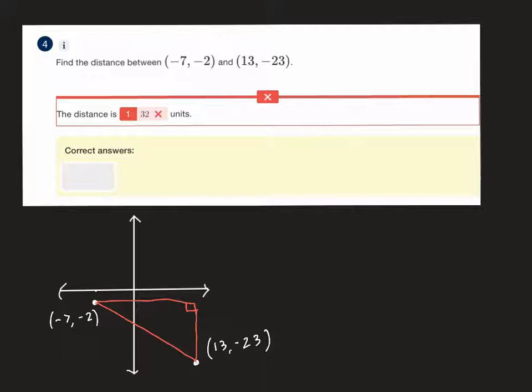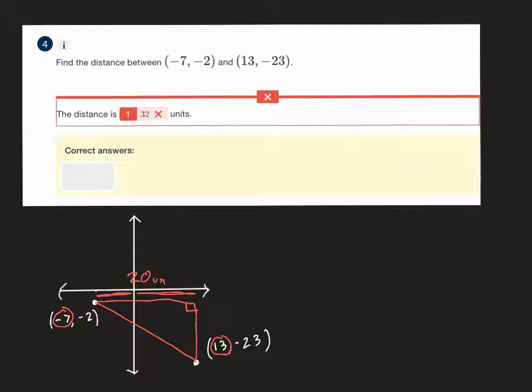Looking at my x terms, -7, +13, I'm -7 right here. So that's 7 from the axis, and then 13 from the axis. So that's a total of 20 units.